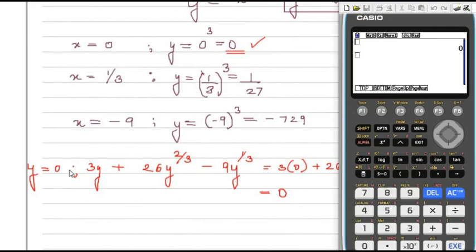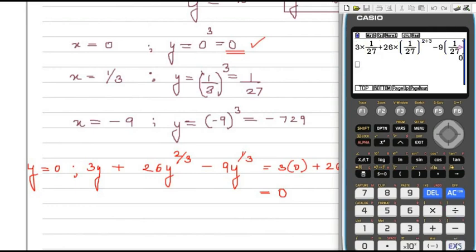Here we can write it as 3 multiplied with 1 over 27, plus 26 multiplied with 1 over 27 raised to a power of 2 divided by 3, and then minus 9 multiplied with 1 over 27 raised to a power of 1 divided by 3.